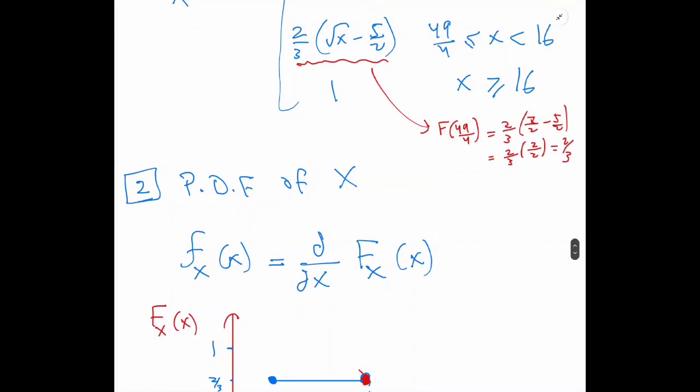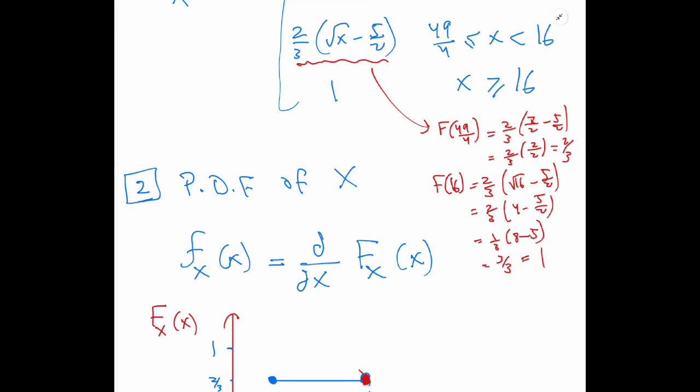And we know that at 16, this is equal to 2/3 times root 16 minus 5/2. So that's 2/3 times 4 minus 5/2, which is 1/3 times 8 minus 5, which is 3/3, equal to 1.